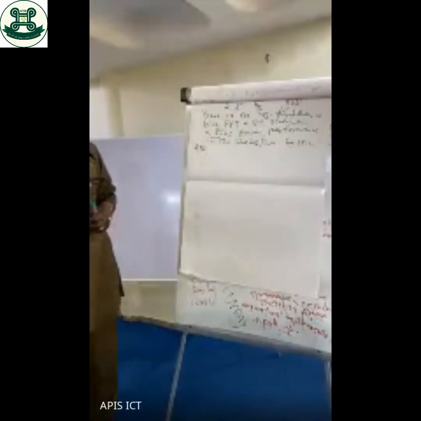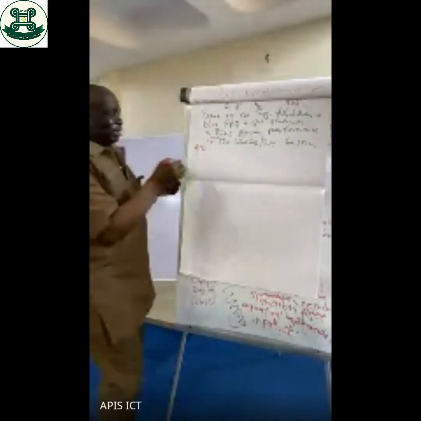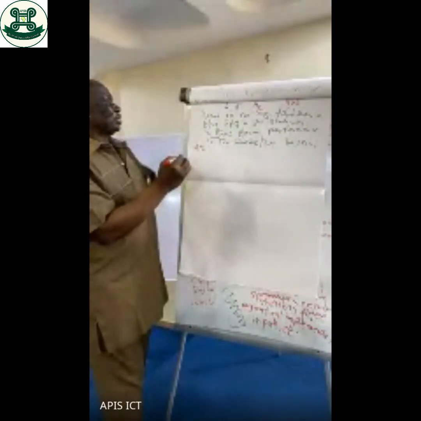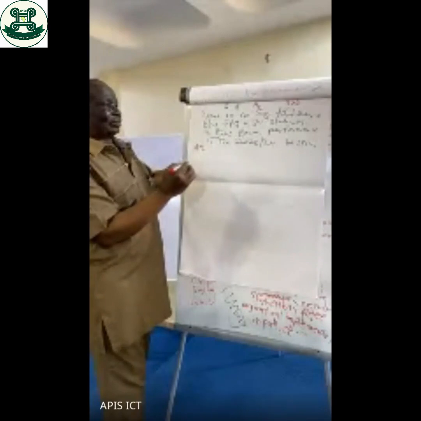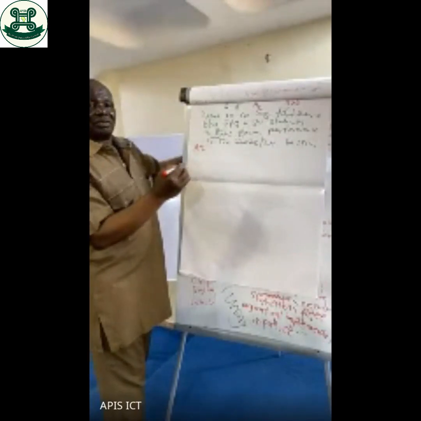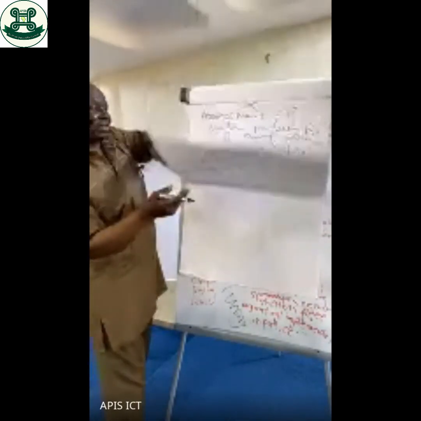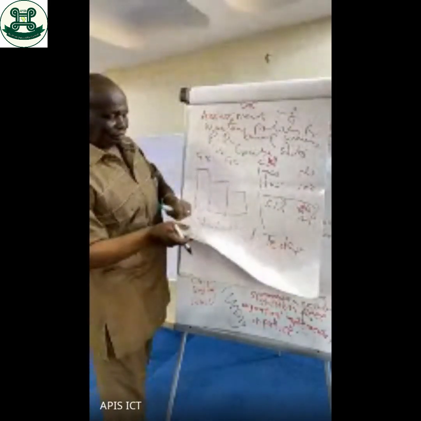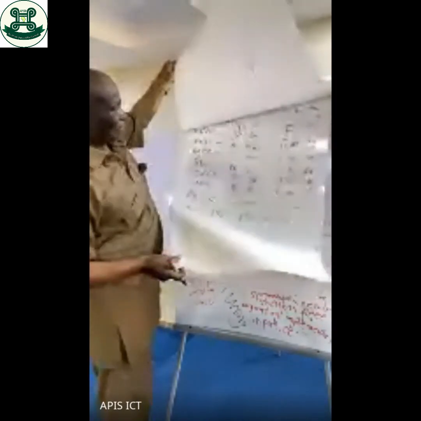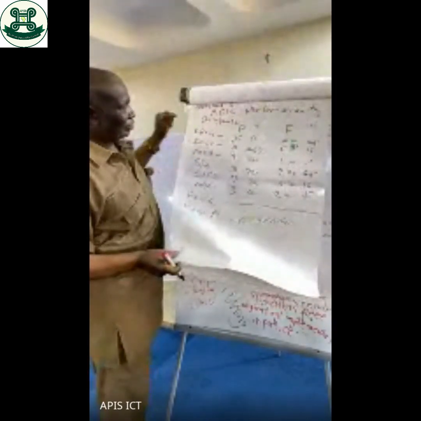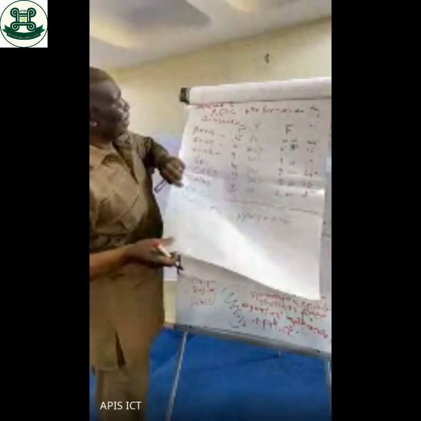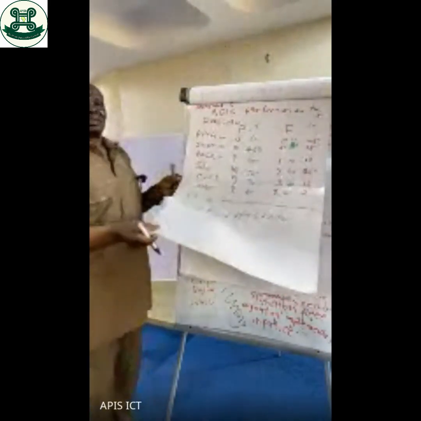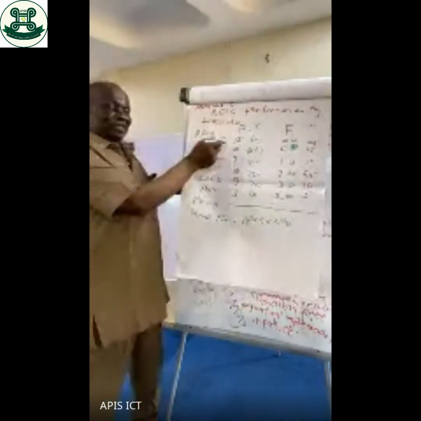So now, what do you need to do? What is the mean performance for PPG students? 60%. No, this 60% is for those who passed, right? So what is the average performance?